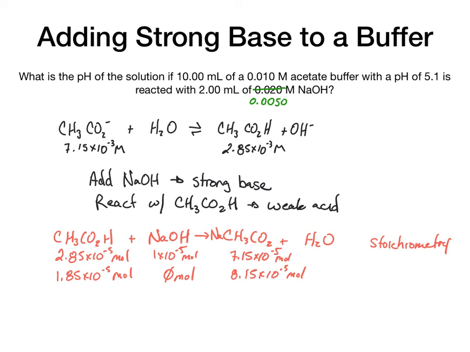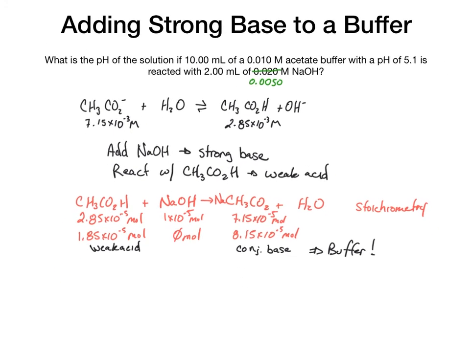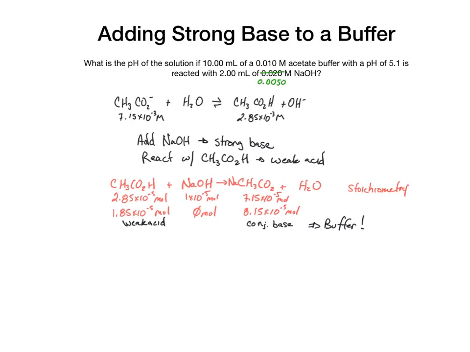I have weak acid and I have conjugate base in solution. That means I still have a buffer. And so to find the pH of this new solution, I use the Henderson-Hasselbalch.